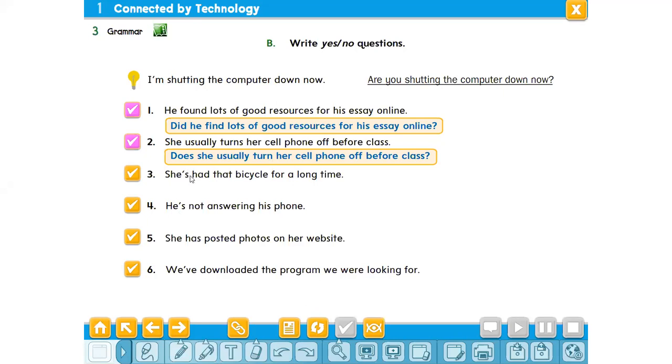This apostrophe s, guys, is an abbreviation for has. So they started with has and completed it like this: has she had. The full form was she has had. It's abbreviated. So apostrophe s here is an abbreviation for has.